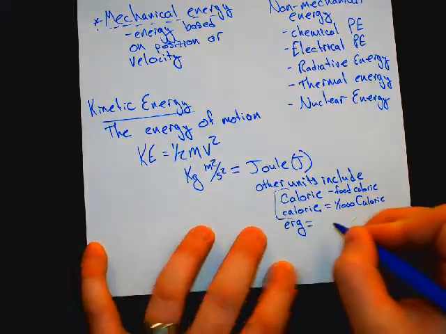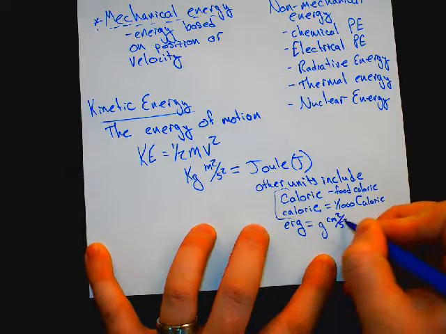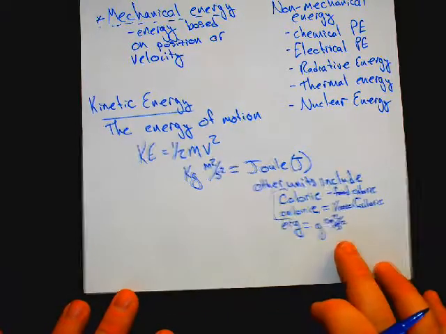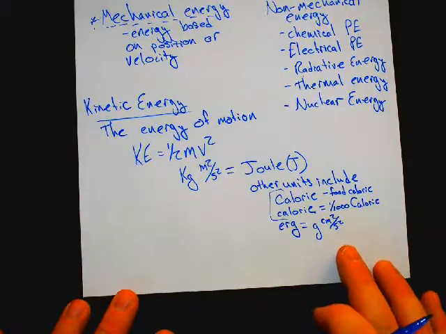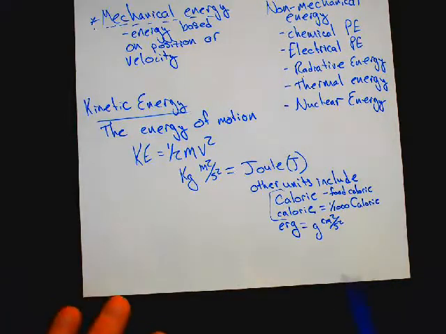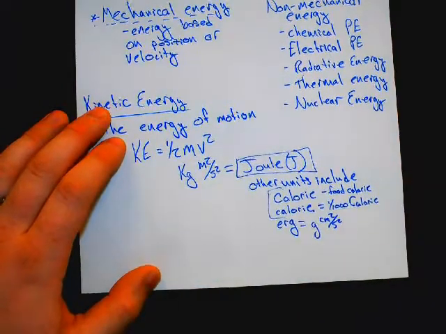An erg is equal to 1 gram centimeter squared per second squared. And is used, for some reason, we use small units of energy in astronomy. I'm yet to figure out why when we're talking about incredibly large things, we use incredibly small units. No idea. But for our purpose, the joule is the main one we're going to talk about.